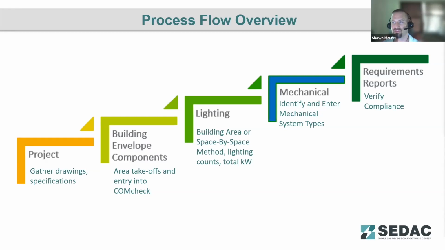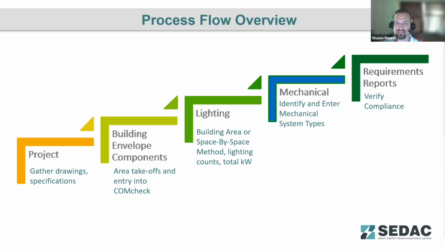Then it starts working you into the detailed inputs for those different components of the building. The next section is the envelope components. It's probably the most complicated section to enter details for, especially if you have multiple different assemblies in a building and multiple different orientations. We've seen some of these COMcheck forms get quite lengthy.